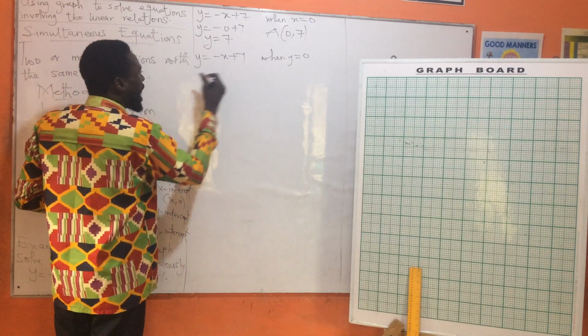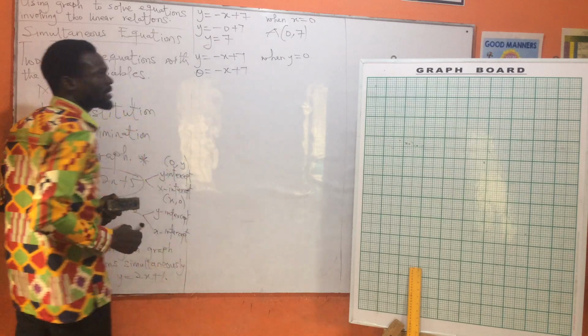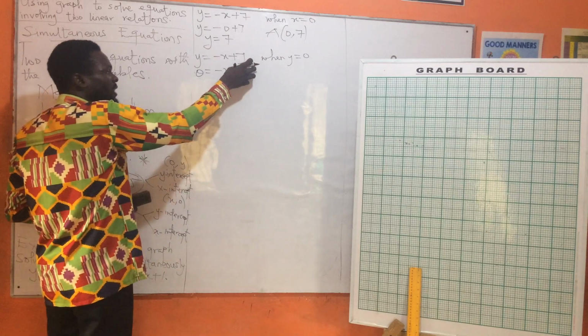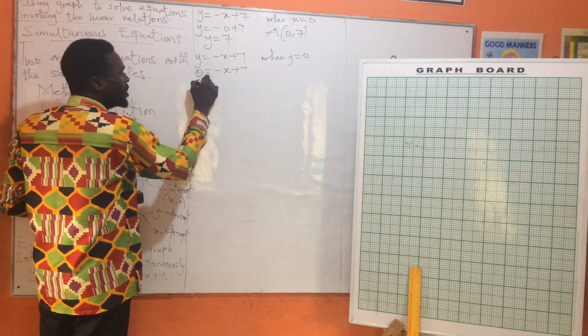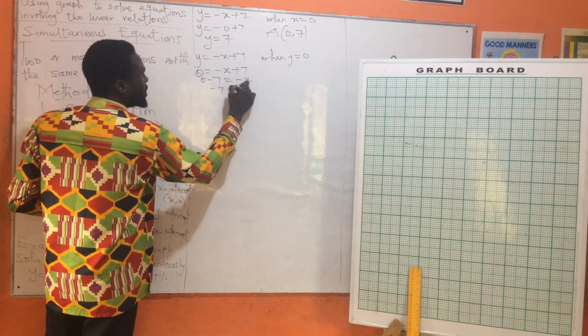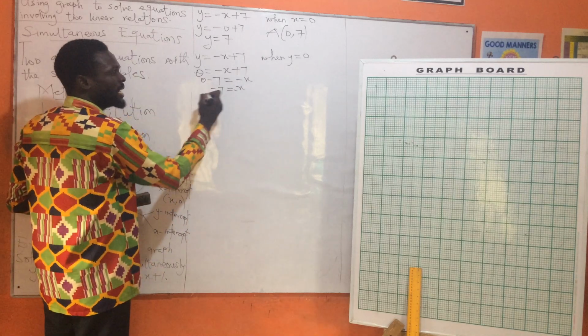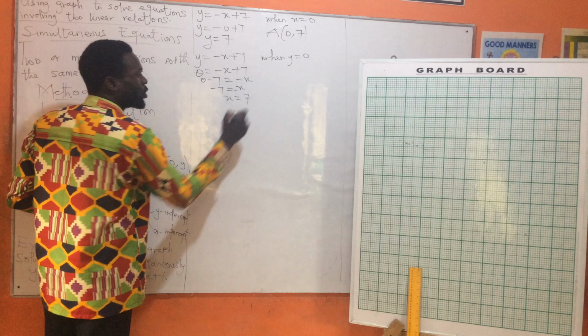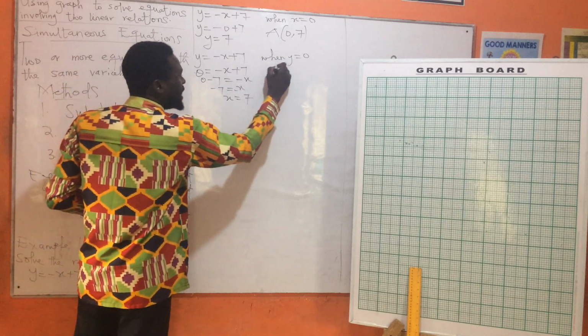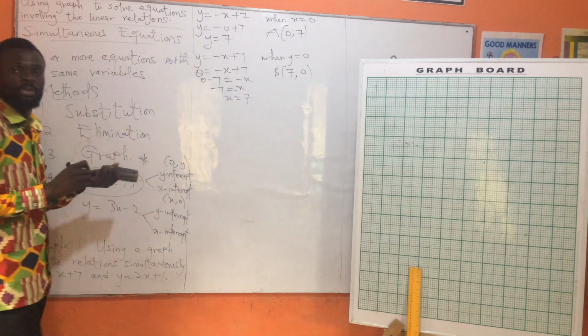In place of y, we say 0 is equal to minus x plus 7. You can choose to take this one here, which gives 0 minus 7 is minus x. Minus 7 is equal to negative x. Dividing both sides by negative 1 gives x equal to 7. So this should be my point B: (7, 0).